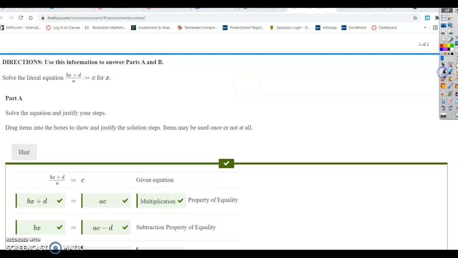Anytime you divide by 0, like 1 divided by 0, that's undefined, always and forever. In all of math, if you see a 0 in the denominator, it means it's undefined. So right off the bat, a cannot be equal to 0, or this equation doesn't mean anything.